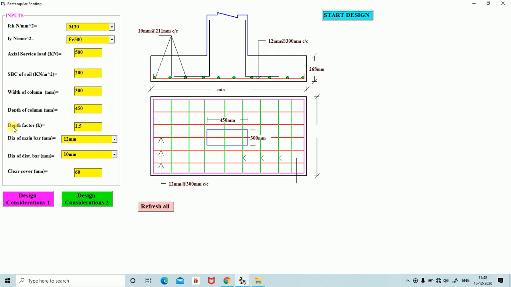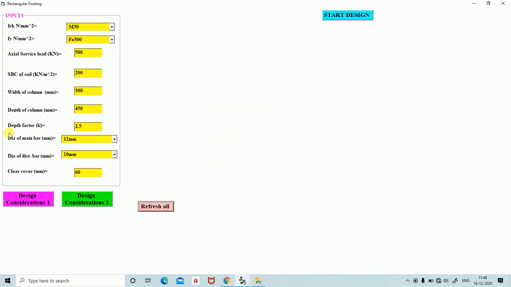Therefore what we have to do is refresh all, and change the depth factor from 2.5 to 3. Then again start design, 2.75, again enter the width of the footing in meters, 1.2 meters, then okay.